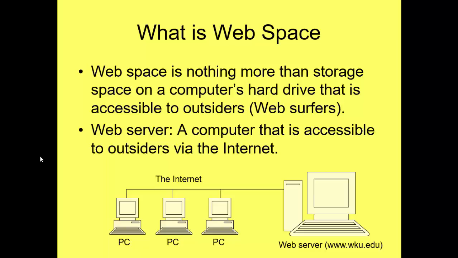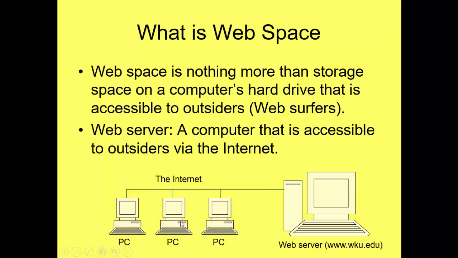So what is WebSpace? Well, WebSpace is literally just storage space on a hard drive that's accessible to people viewing web pages. That's all it is. And so look at the picture in front of you. This big computer on the right is supposed to represent a web server.